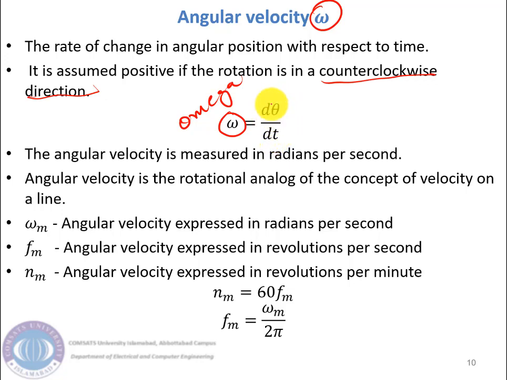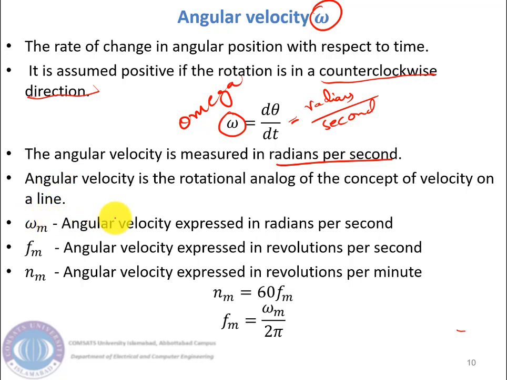This gives me the rate of change in position. Its units are radians per second, because theta is in radians and time is in seconds. So angular velocity is the rotational analog of the concept of velocity on a line, as we have seen earlier in our basic physics courses.